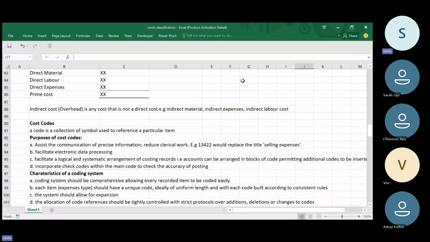For example, if you are preparing a budget, let's say a school budget, and in the school you have a breakdown of exams fee, medical fee, and tuition fee.